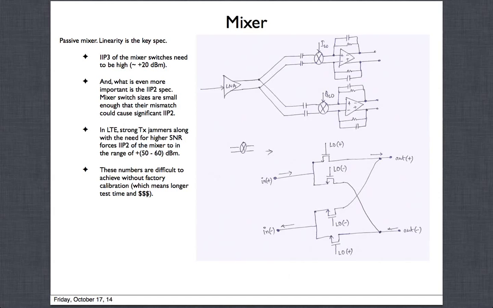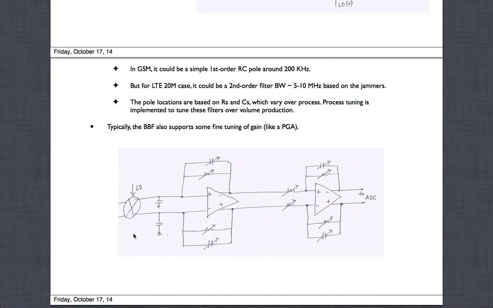It takes only a few seconds, but still that's a significant amount of money. So that is the key thing that we need to worry about in the mixer, and what are the things we can do. There is a lot of work that goes on in how you can improve it. There are a lot of techniques, and there's also a lot of stuff in the literature that you can look up. So this is the mixer.